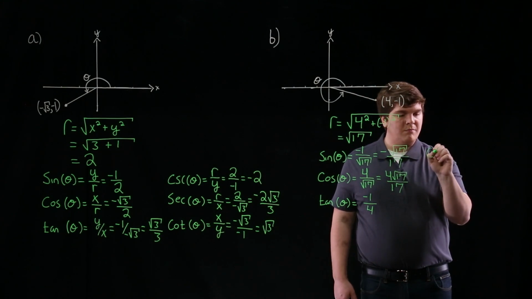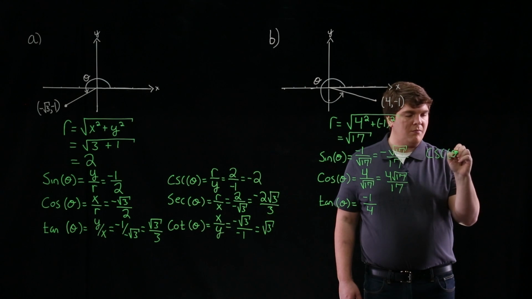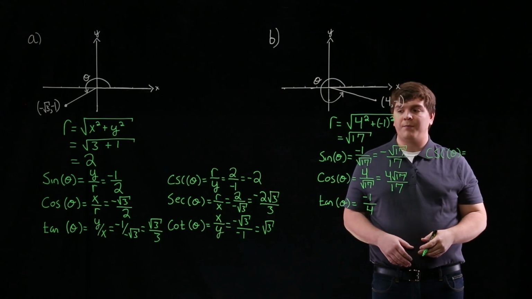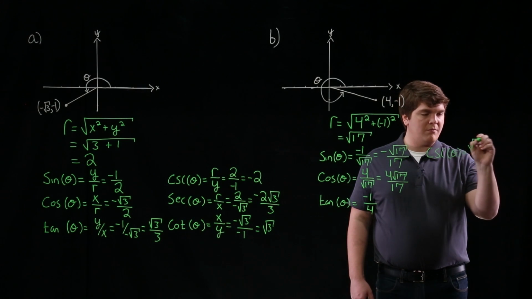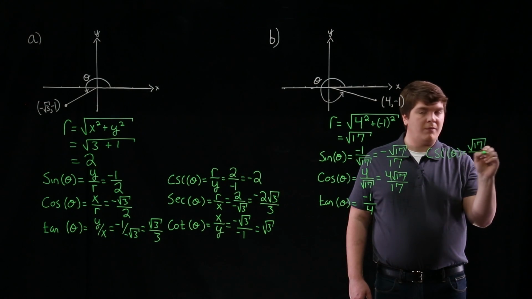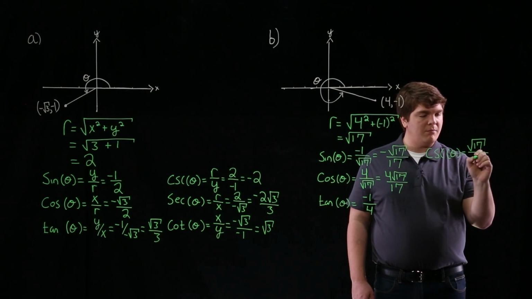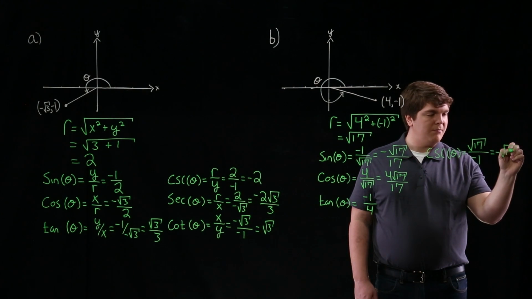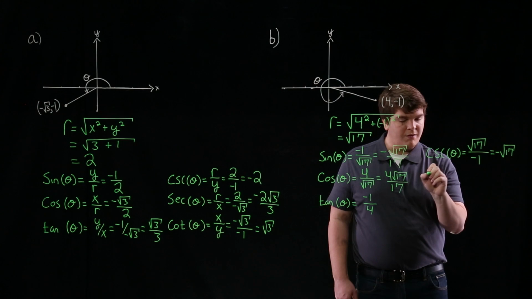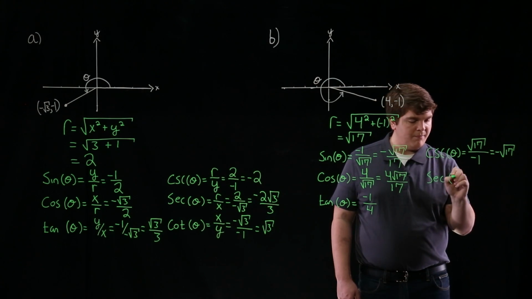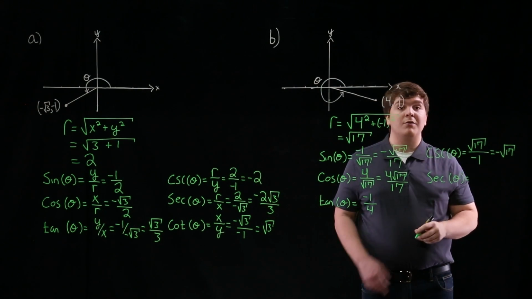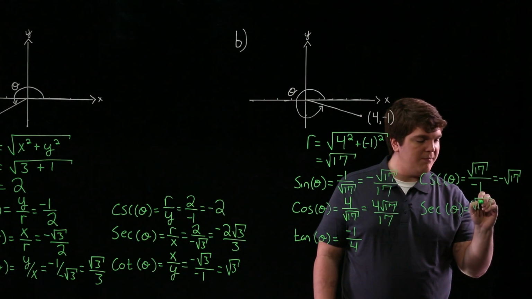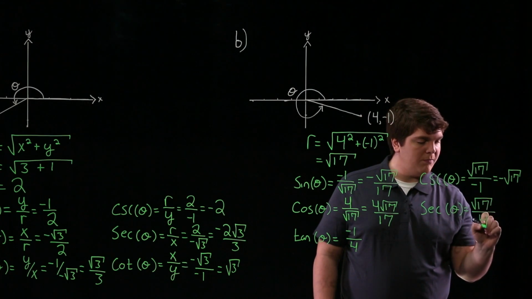Cosecant of theta is equal to r divided by y, which is the square root of 17 divided by negative 1, which is equal to the negative square root of 17. Secant of theta is equal to r divided by x, which is the square root of 17 divided by 4.